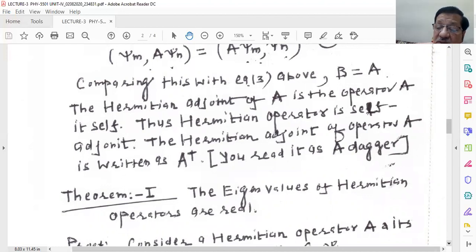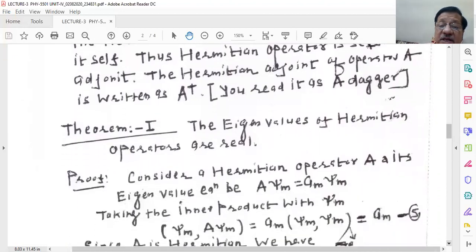So let us derive this theorem. It is very simple to derive. If you want to study the eigenvalues, you have to write down the eigenvalue equation. So consider first of all a Hermitian operator, let us say capital A, and we write down its eigenvalue equation.